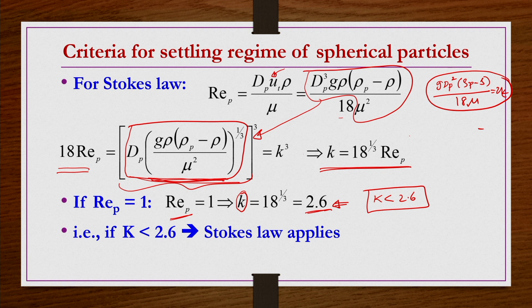It is only a function of geometry, size of the particle, and the fluid properties like the density and viscosity of the fluid, and the density of the particle. Only that much you need to know. Once you know, then you can find out this K value. If this K value is less than 2.6, then you can say that Stokes law is applicable, and then you can use this equation to find out ut, right.